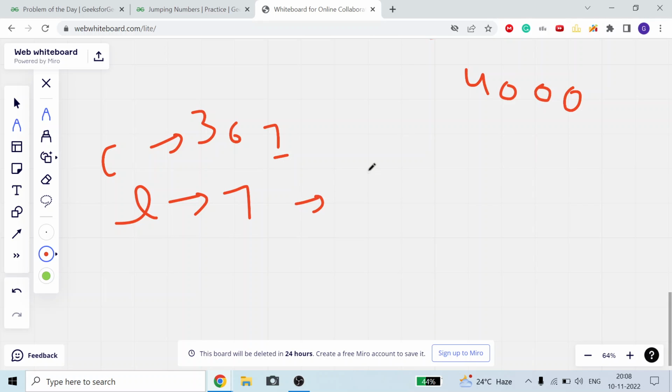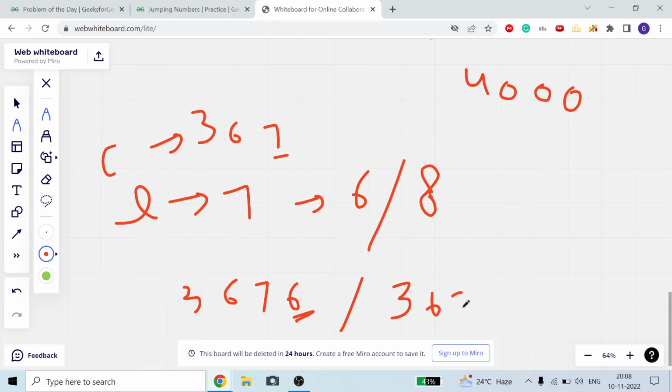Now I know I can add either 6, which is last digit minus 1, or 8, which is last digit plus 1, so that the difference becomes 1. So my possible numbers are 3676 or 3678.